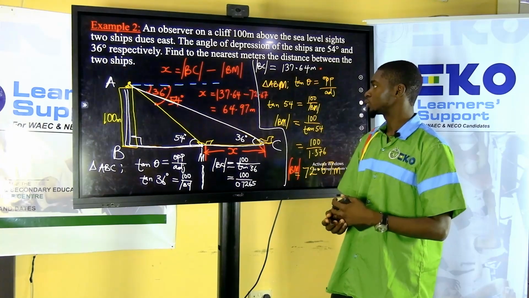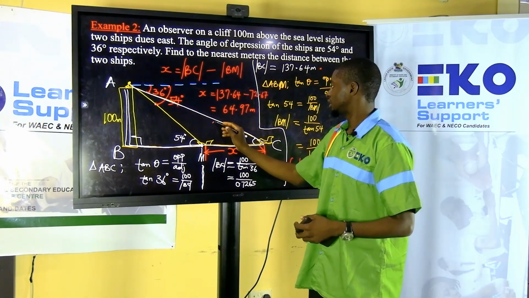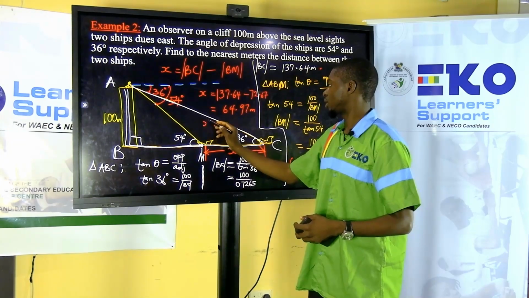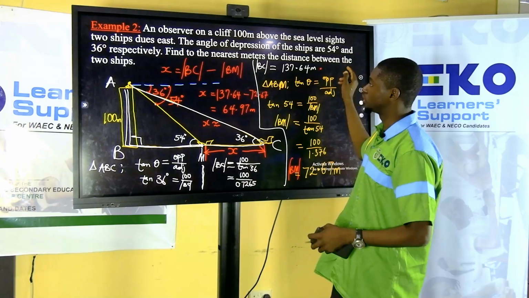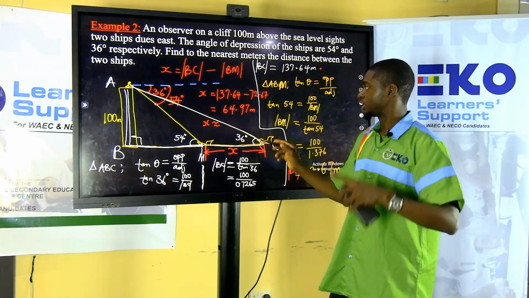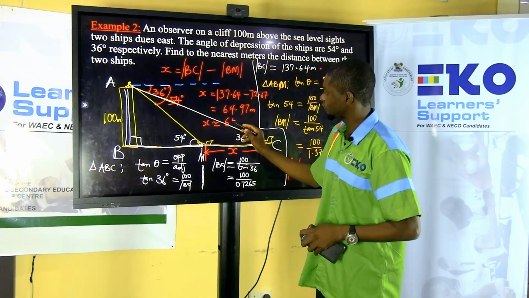Since the question says to the nearest meter, we can then approximate X, which is the distance between the two ships, and we labeled that to be X, as 65.